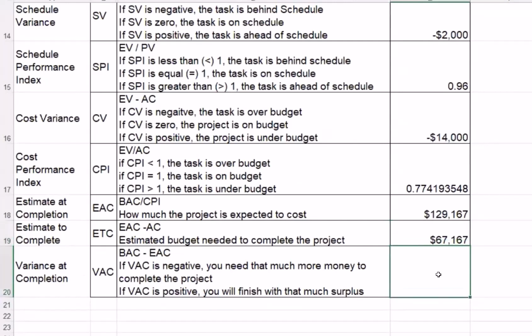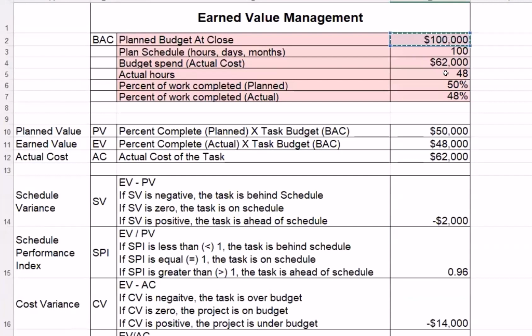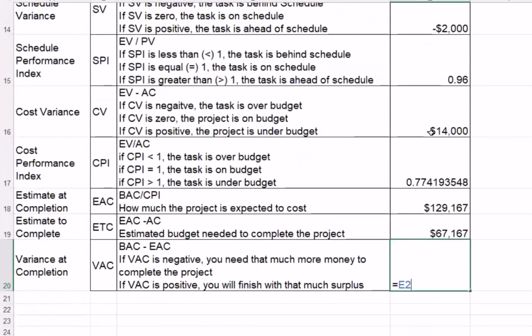And our variance at completion is budget at completion minus our EAC. If it's negative, then we need that much more money to complete the project. If it's positive, we'll finish with that much surplus.